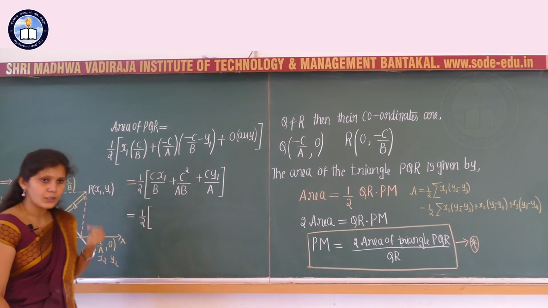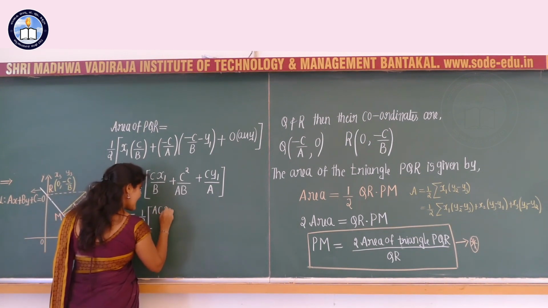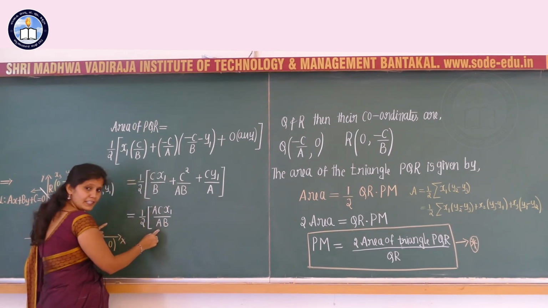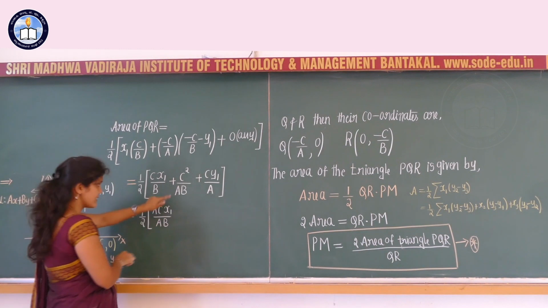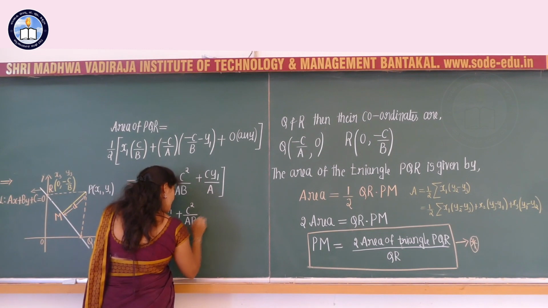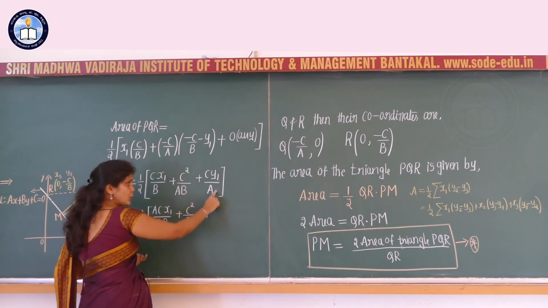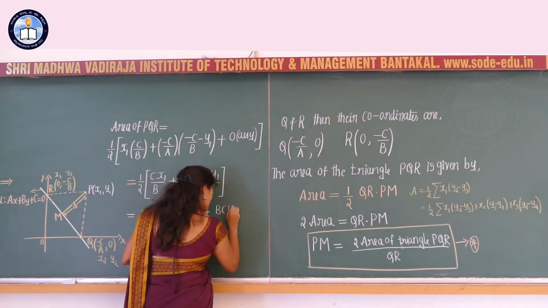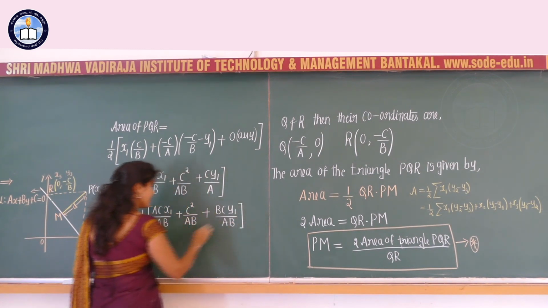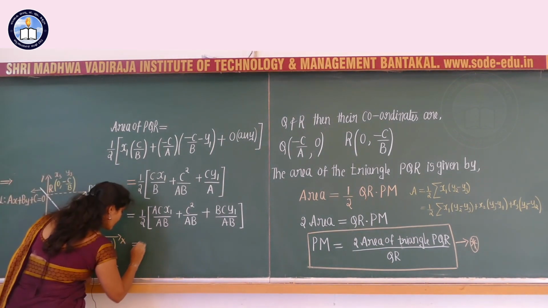For the first term I will multiply and divide by a, that gives ac x1 divided by a into b, multiplying and dividing by a. So therefore the term remains as it is. Second term I will write as it is, c square divided by ab, plus the third term denominator is a, so I will multiply and divide by b to the third term, then that becomes bc y1 divided by a into b.